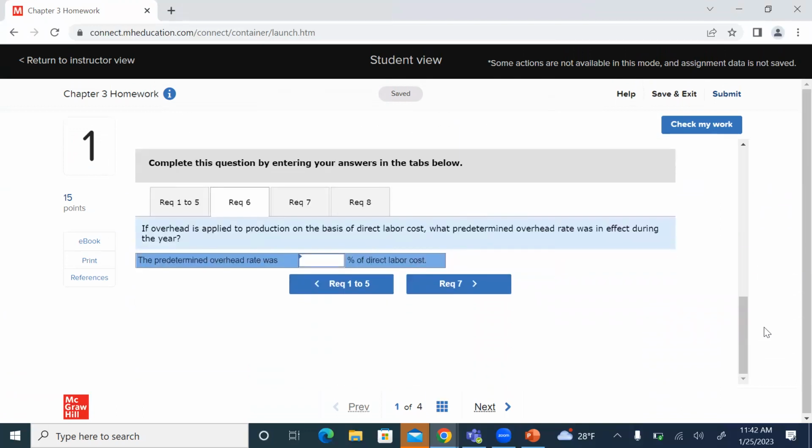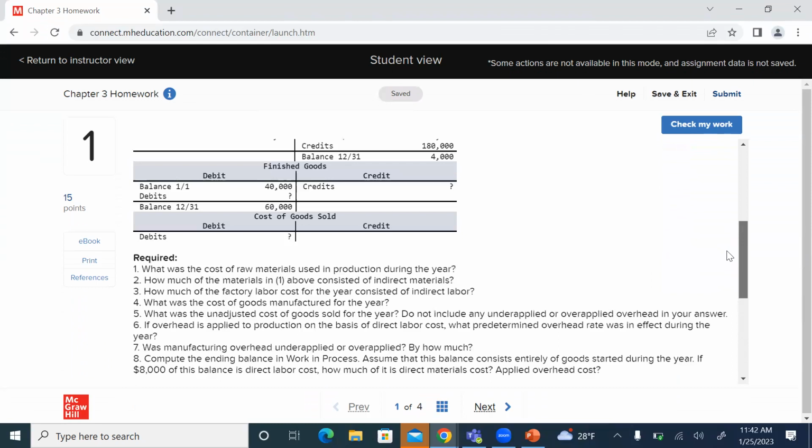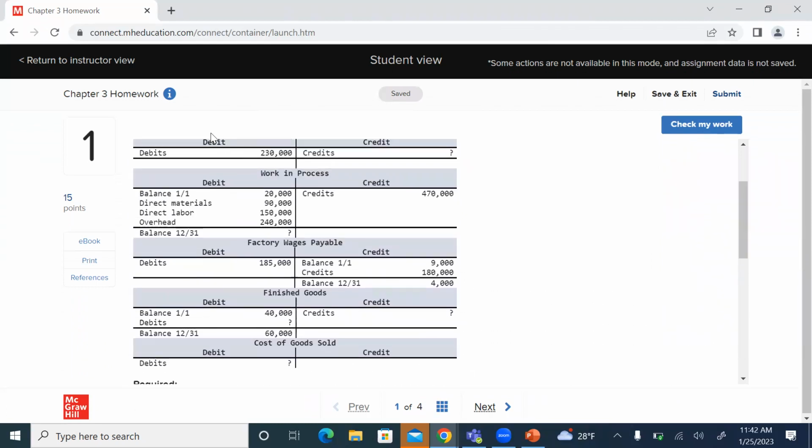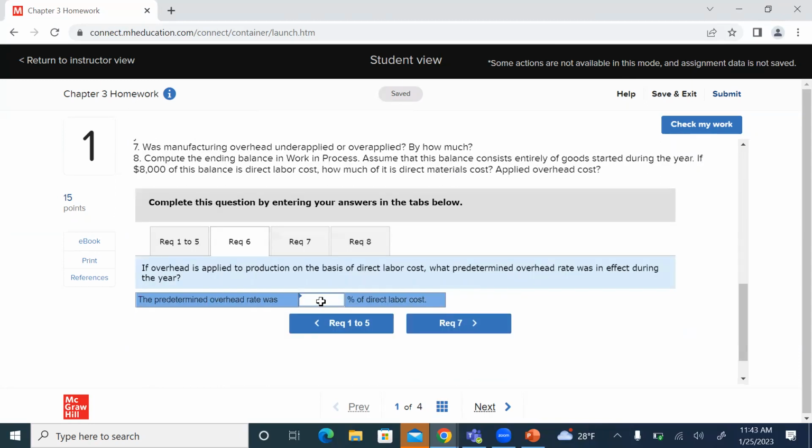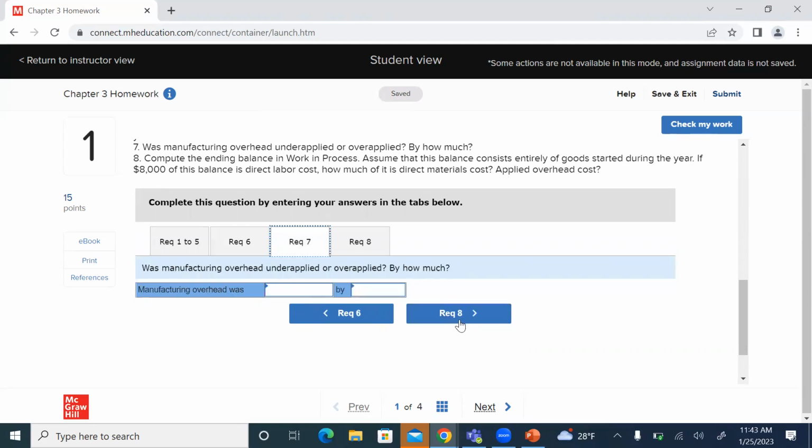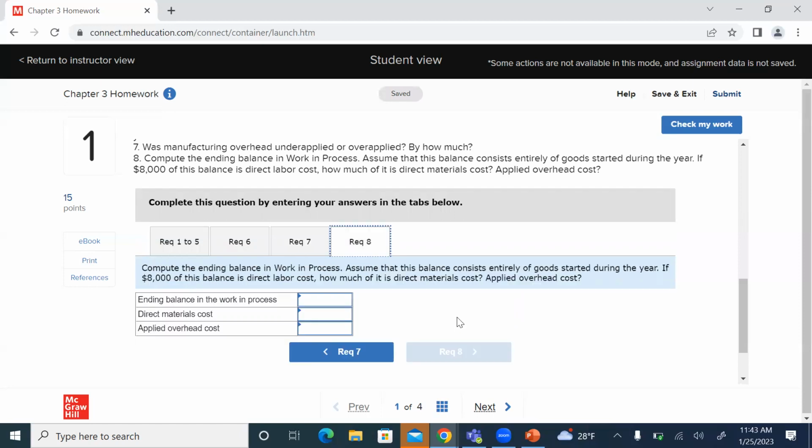So the predetermined overhead rate is going to be the estimated total overhead of 240,000 divided by our 150 direct labor. The 240 divided by 150 would be 160% of direct labor cost gets applied. I'll let you figure out 7 and 8 there on your own, okay?